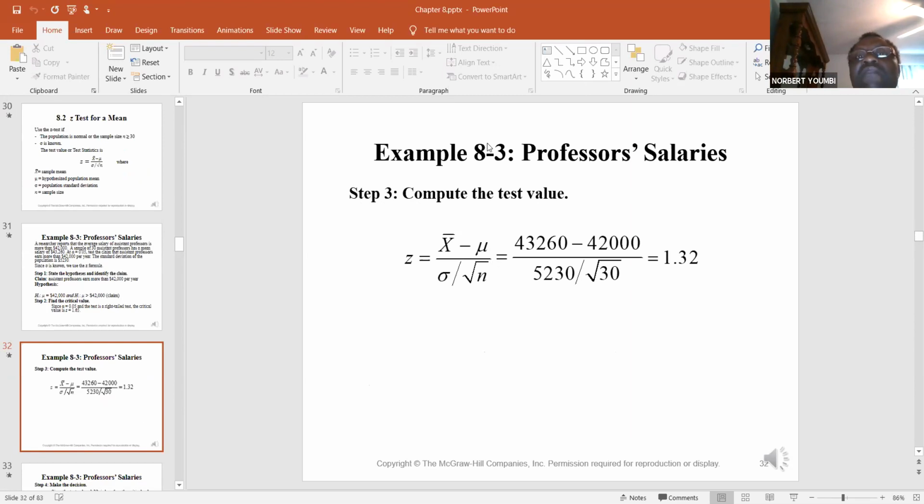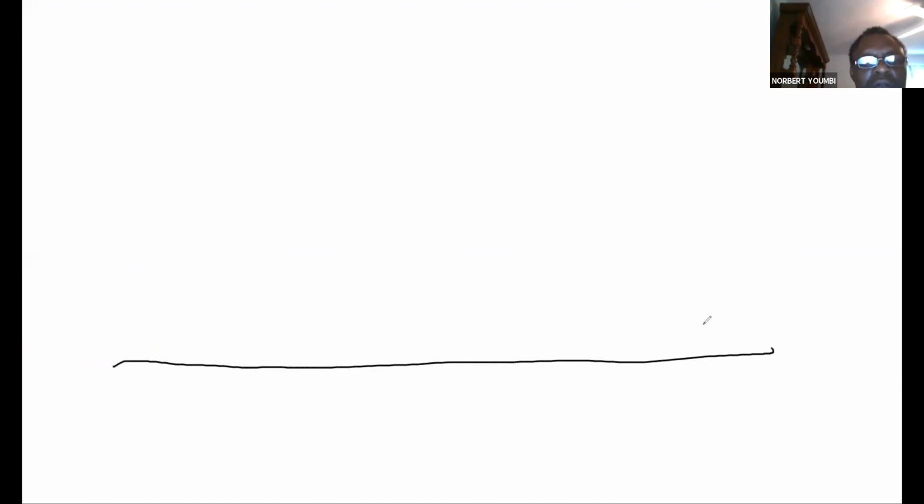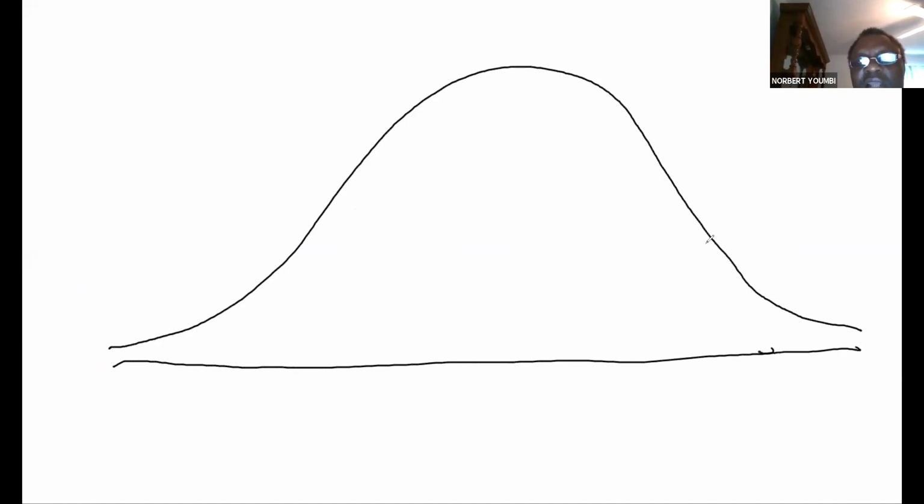So the critical value here will be, I want to explain that here. It is a right tail test. Alpha is 0.05.